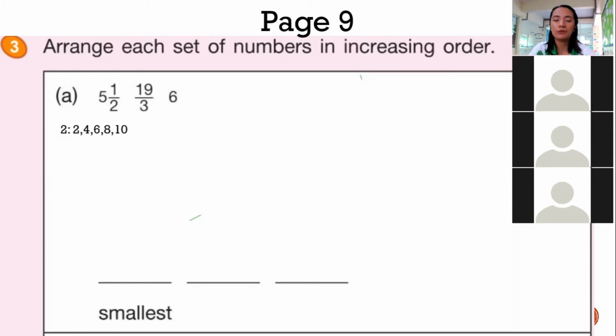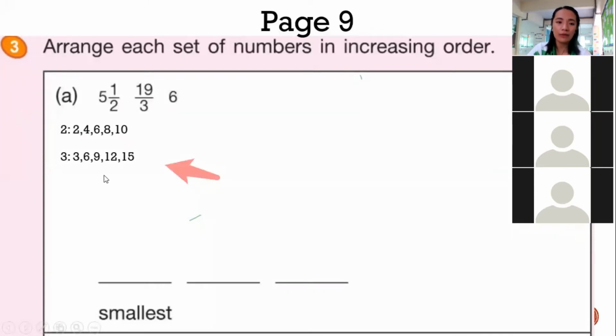The multiples of 2 are 2, 4, 6, 8, 10, and so on. Next, what is the denominator of the second fraction? Okay, the answer is 3. So the multiples of 3 are 3, 6, 9, 12, and 15.